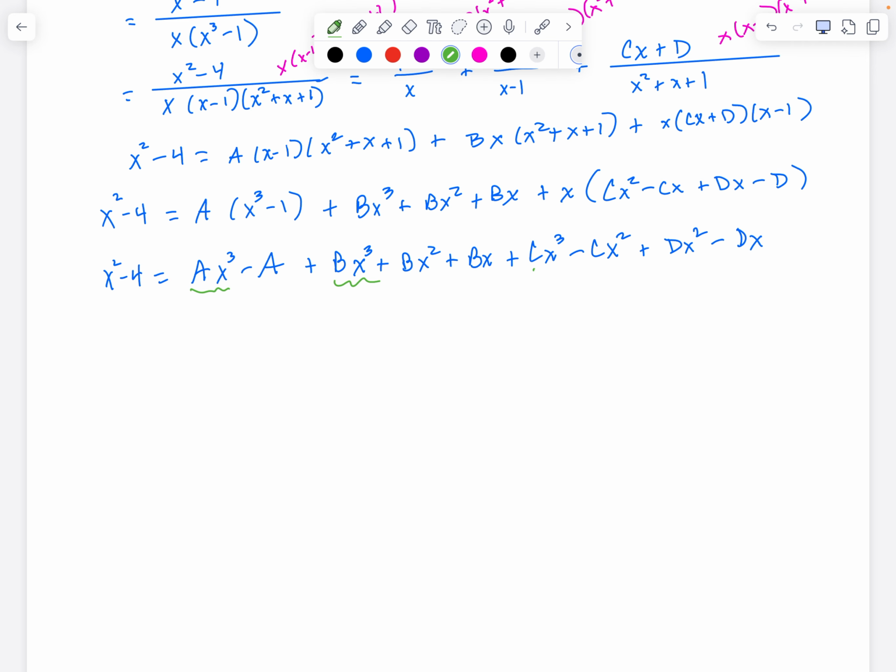And so what you want to do is use this information with the other 2 relationships and get them to have the same 2 variables so you can solve.